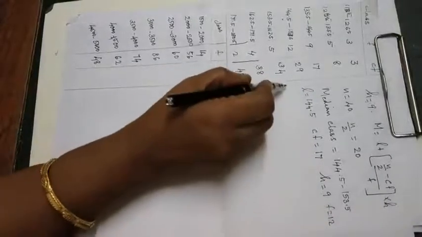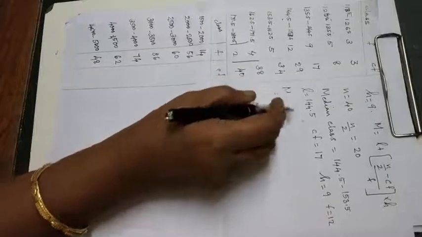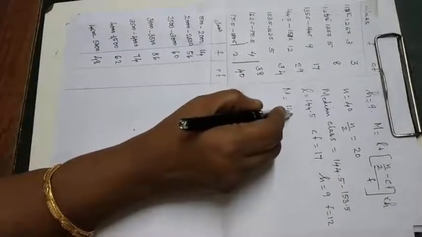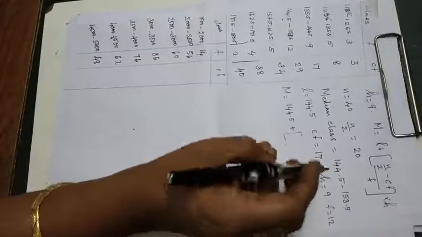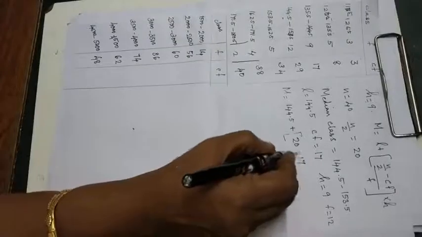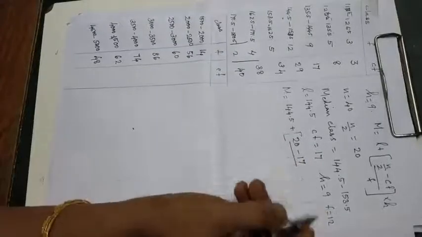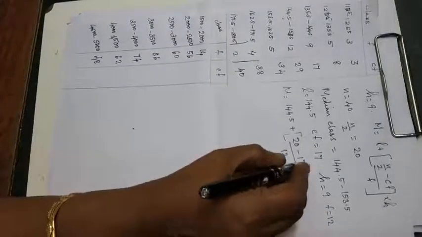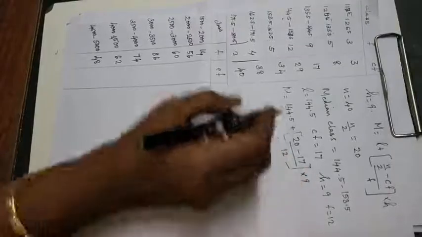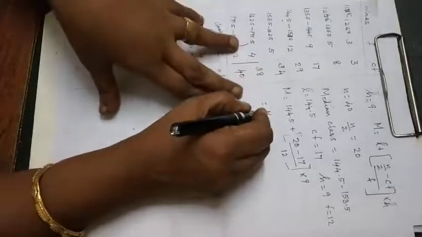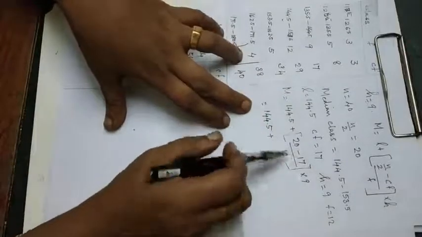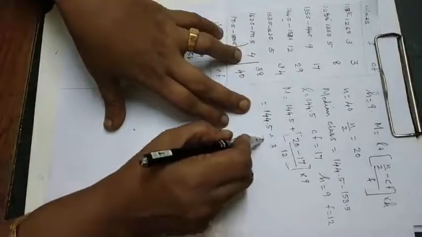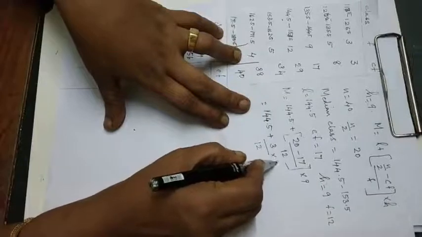So the median is equal to 144.5 plus n by 2, that is 20, minus 17, by 12, into 9. So 144.5 plus 20 minus 17, 3 by 12 into 9.